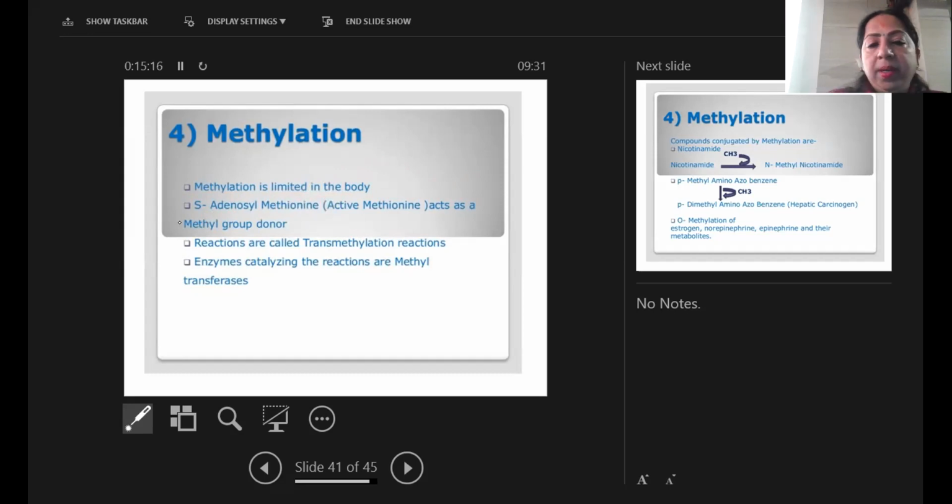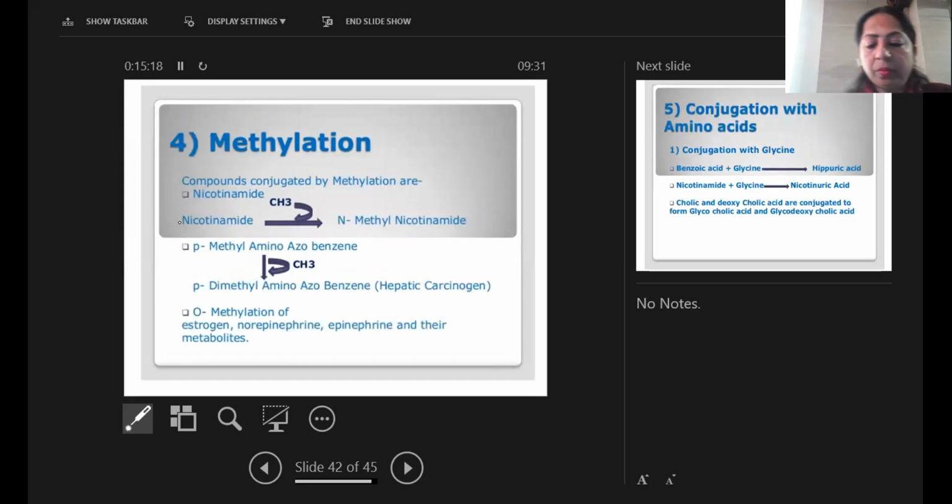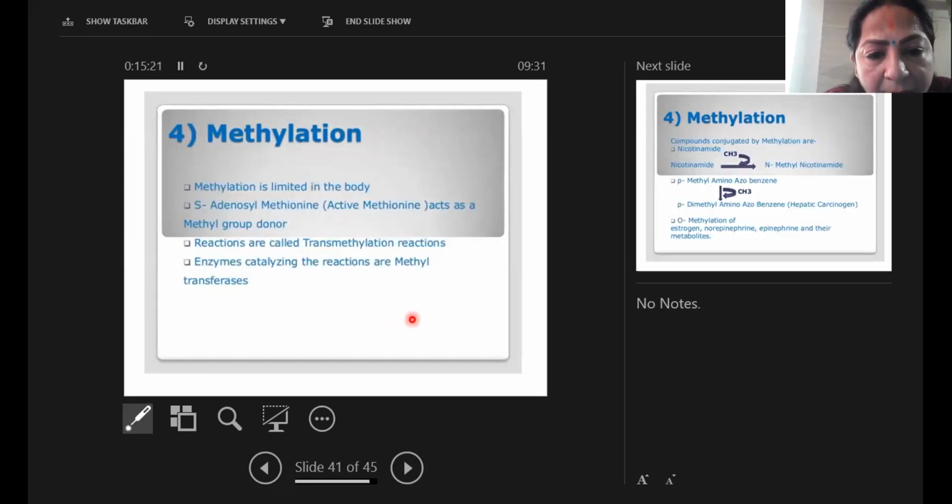You can note it down. S-adenosyl methionine. The reactions are called transmethylation reactions, and the enzymes catalyzing the reactions are methyl transferases.